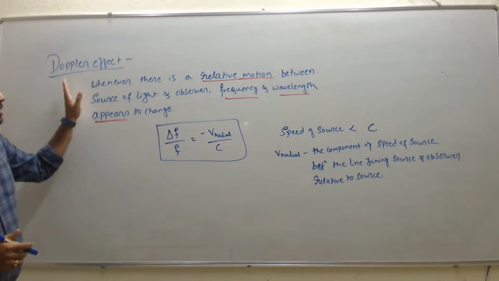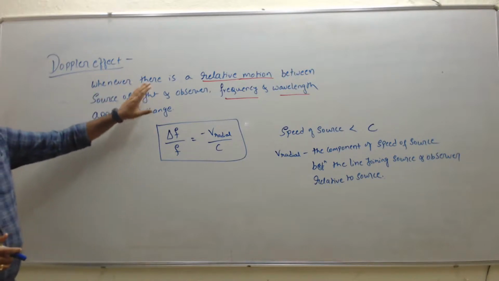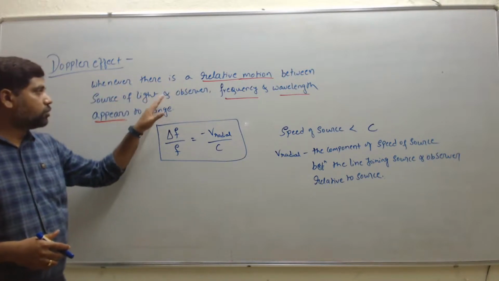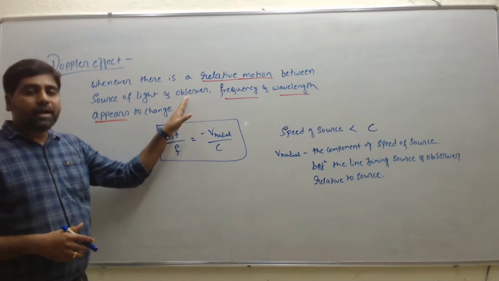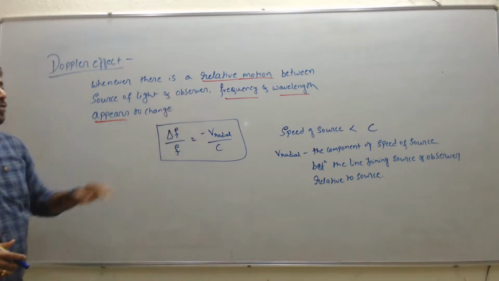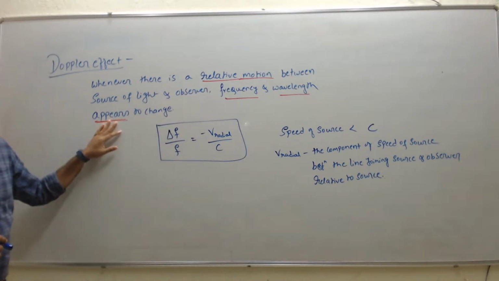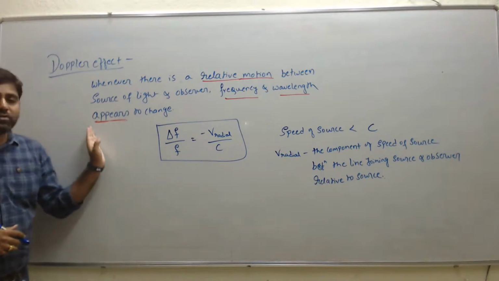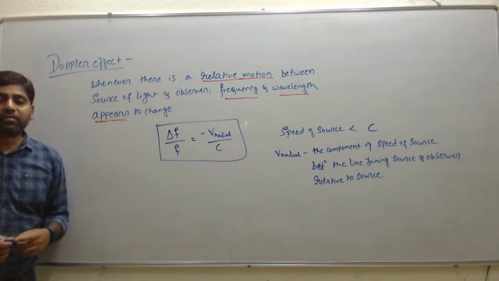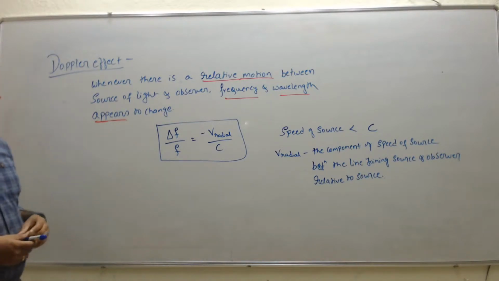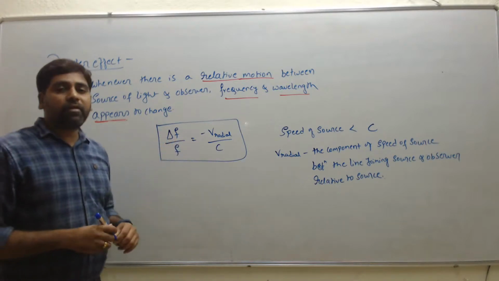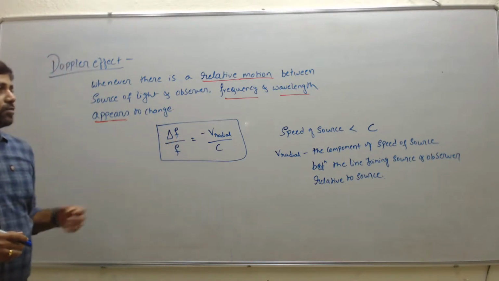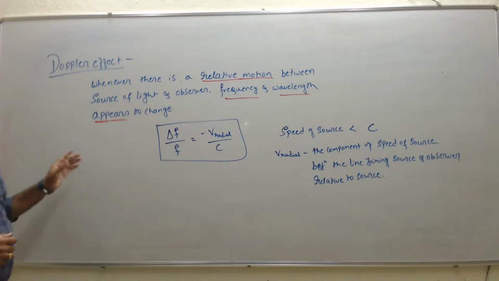When there is relative motion between the source of light and the observer, the frequency and wavelength appear to change. These are the apparent frequency and apparent wavelength. The actual frequency and actual wavelength we call the true frequency and true wavelength. So this is about the Doppler effect.